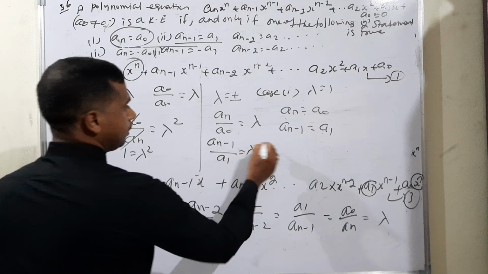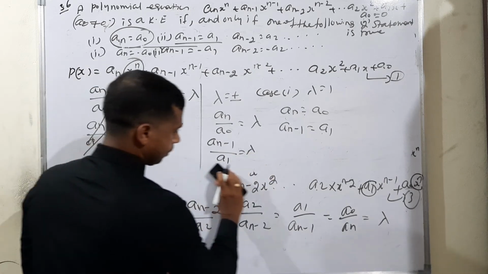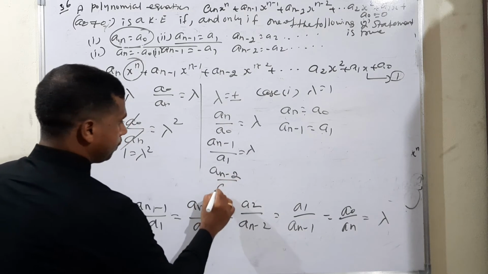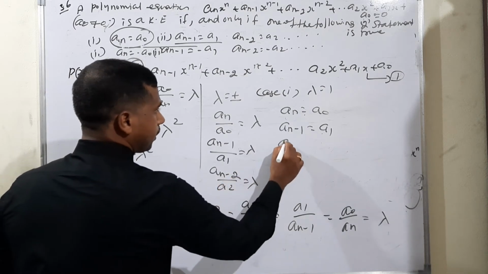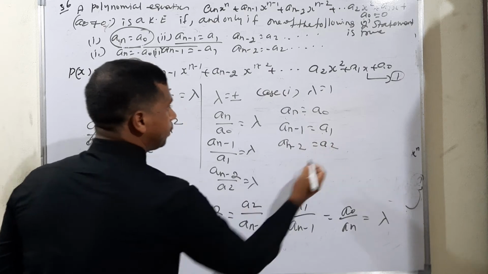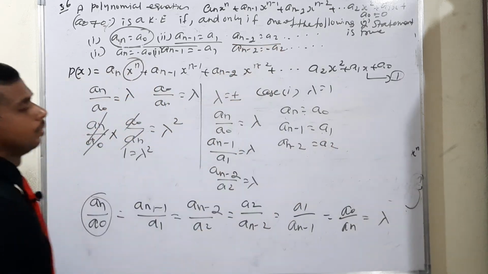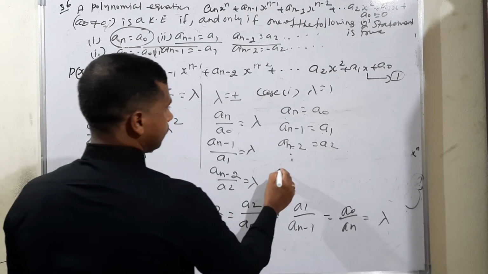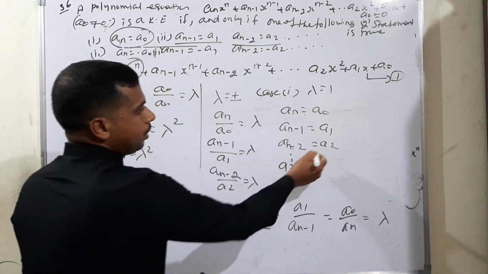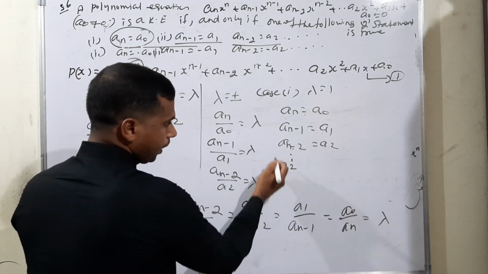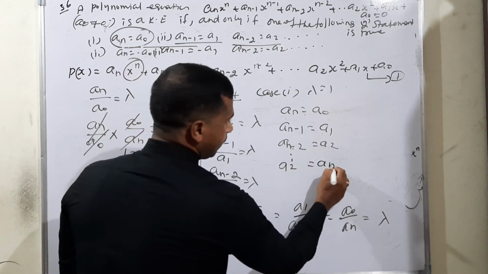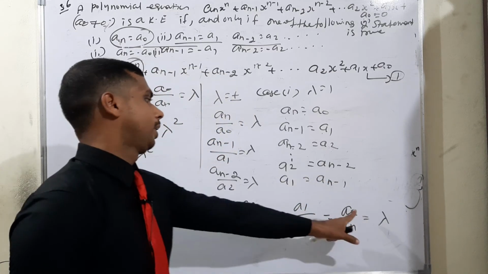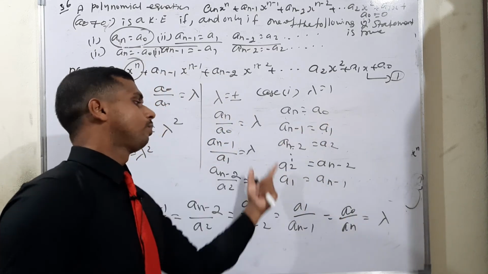Second case, an minus 2 divided by a2 is equal to lambda, just cross multiply, an minus 2 is equal to a2. Next one, just reverse order: a2 on the left-hand side, an minus 2 on the opposite side. Here also a1 is equal to an minus 1. So a naught is equal to an. Just reverse order will come.